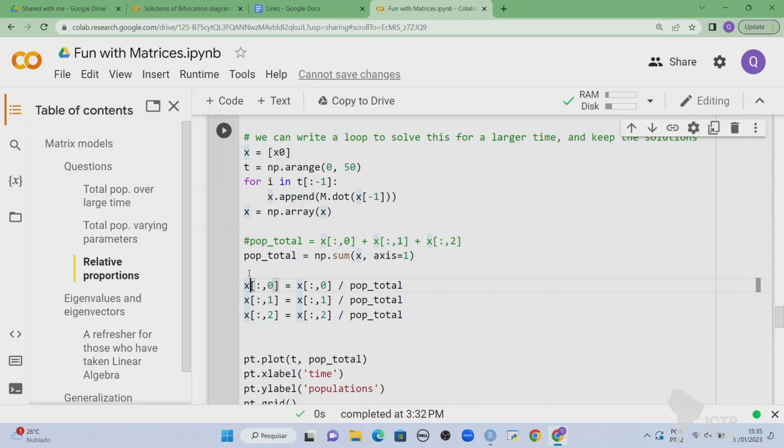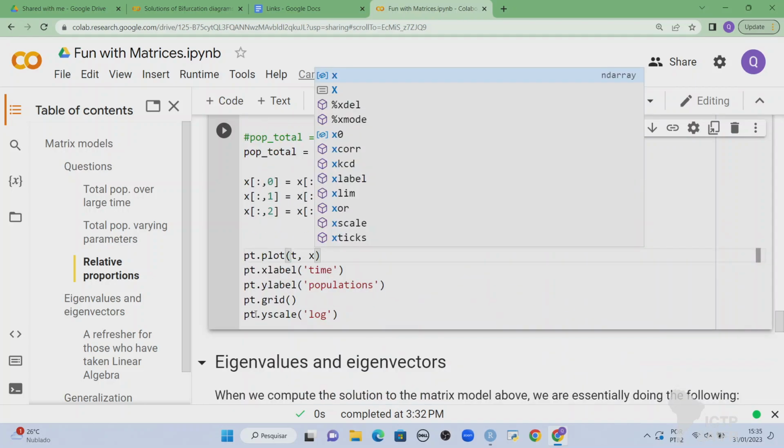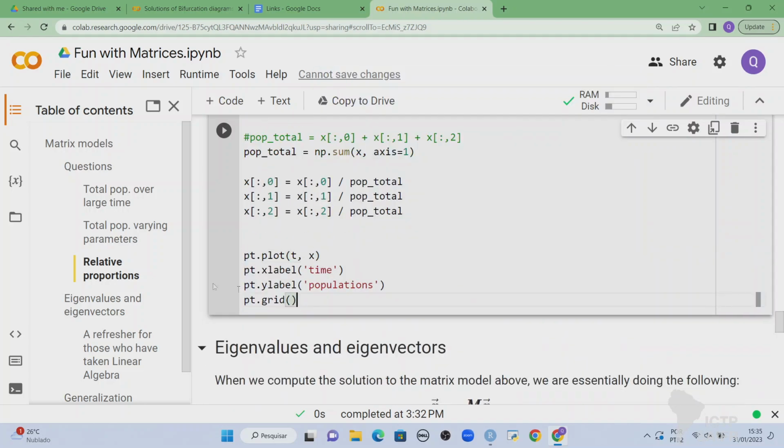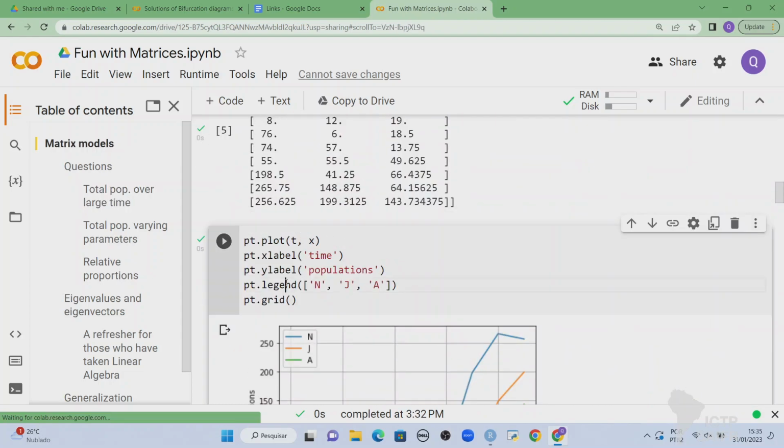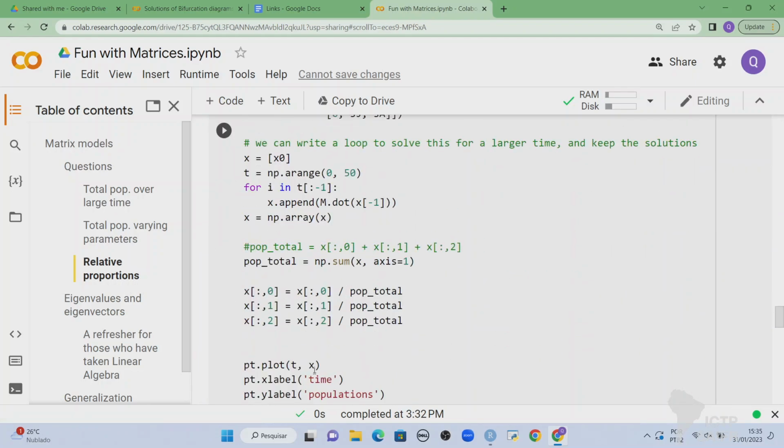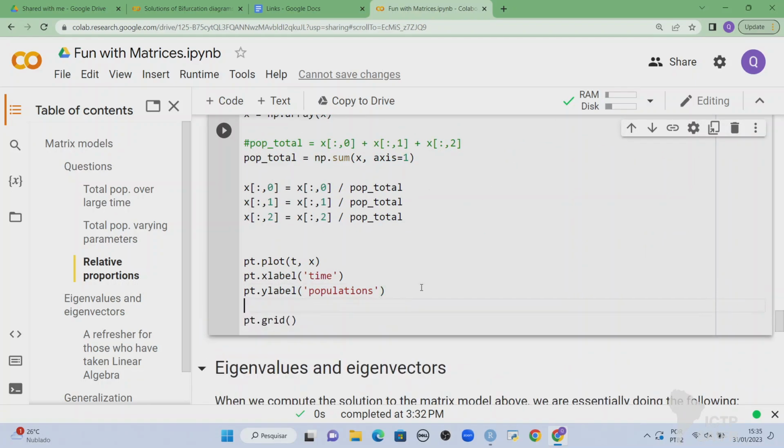And now what I want to plot here is x, the proportions. I don't need this y scale, but I do want the legends back. Where are the legends? Over here, okay, and now the legend over here.